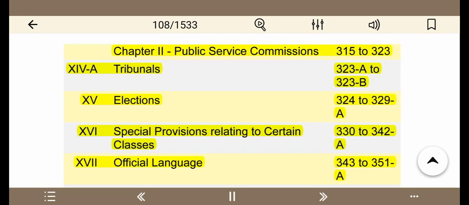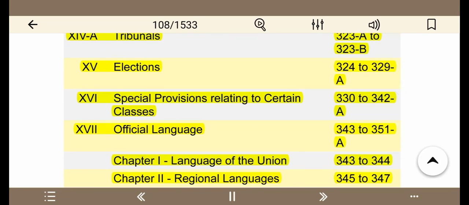Chapter 2, Public Service Commissions, 315 to 323. 14A, Tribunals, 323A to 323B. 15, Elections, 324 to 329A. 16, Special Provisions relating to certain classes, 330 to 342A. 17, Official Language, 343 to 351A.